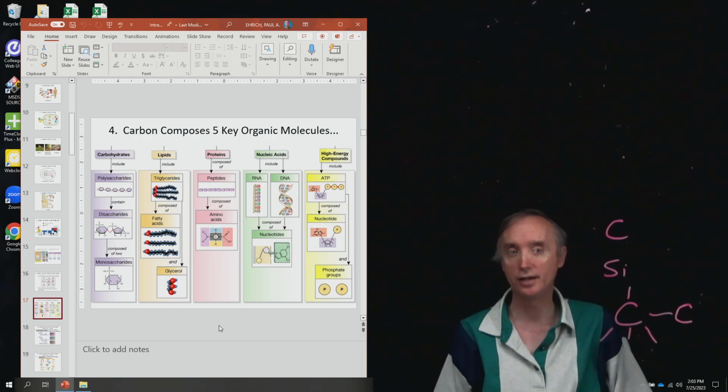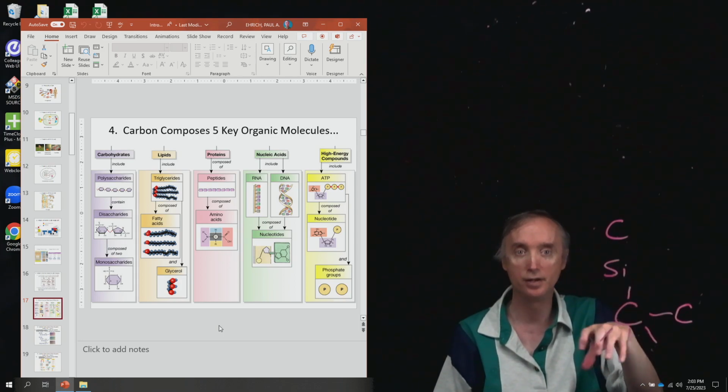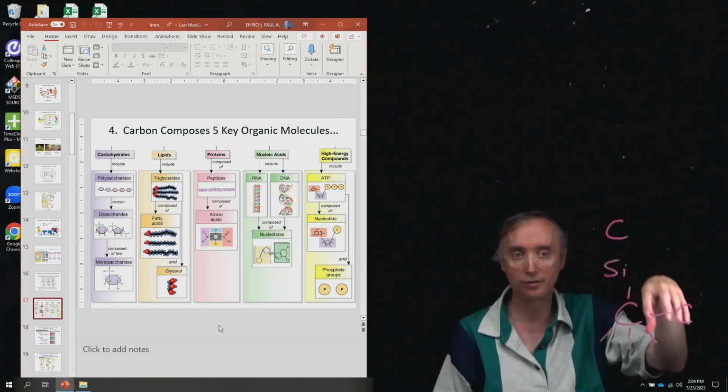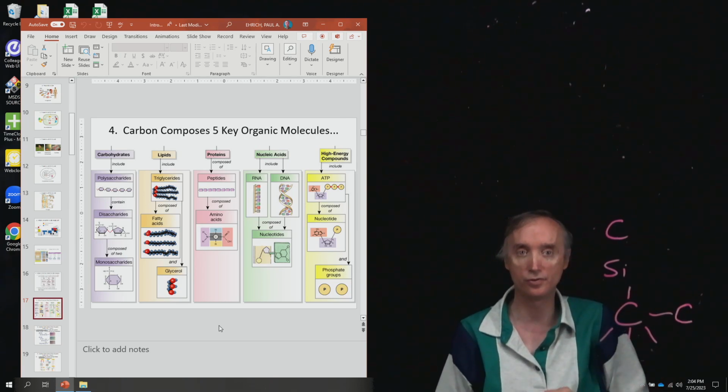Then you have nucleic acids that make up RNA and DNA. And then you have ATP. So ATP is an electrical battery that goes around inside of the cells of your body carrying energy. And then when the ATP interacts with other objects inside the cell, it gives its energy to those other objects.